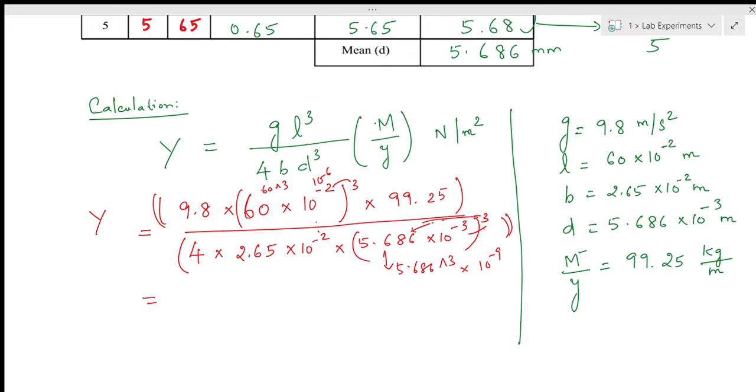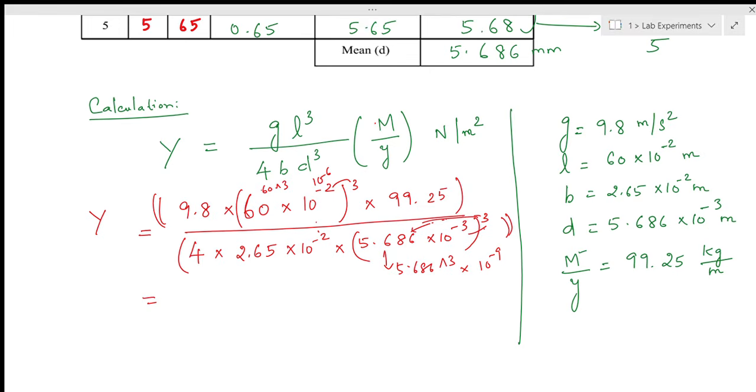I got 1.07816. I'm repeating the calculation: 9.8 into 60 cube into 10 power minus 6 into 99.25 divided by 4 into breadth of the scale 2.65 into 10 power minus 2, 5.686 the whole cube into 10 power minus 9.